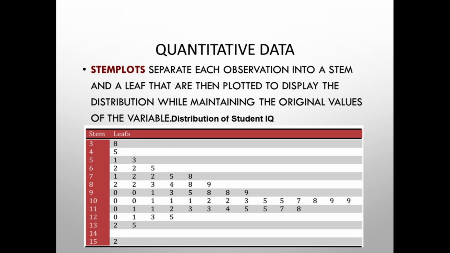We only have one student at the 30 level, one at the 40 level, two at the 50 level, three at the 60 level, five at the 70 level, and so on. We can tell from this graph that most students have an IQ at the 100 level.